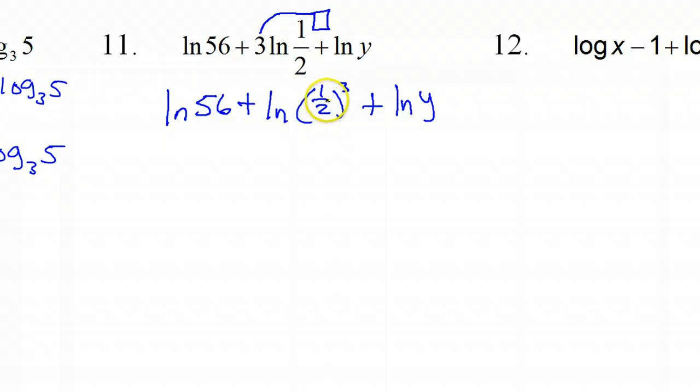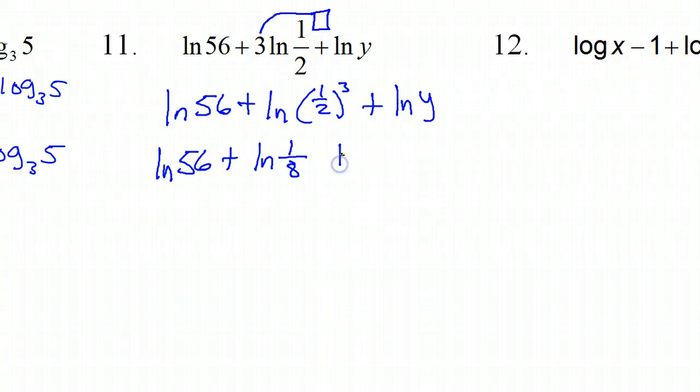And we should go ahead and do this. So I've got natural log 56 plus natural log, all right, 1 to the 3rd power is 1, and 2 to the 3rd power is 8. So this is just going to be 1/8. So that's better. Plus natural log of y. So now let's start combining things together.